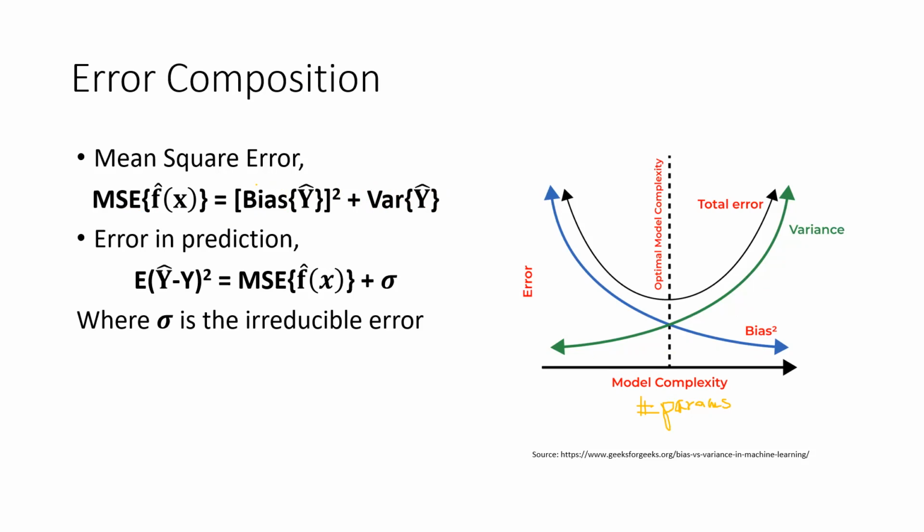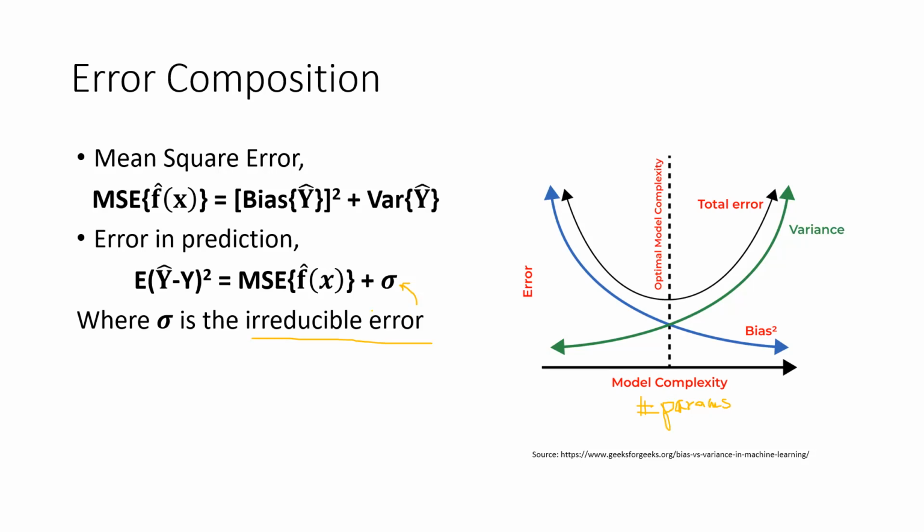The mean square error is the bias squared plus the variance. And for the prediction, we get the mean square error plus this irreducible error. So there's another constant known as the irreducible error, which is the error that is not relevant to the bias or the variance, an error that cannot be reduced with the techniques that we discuss here, right?